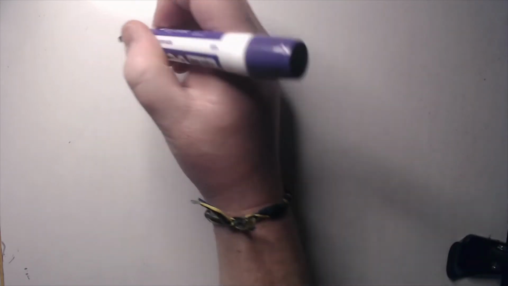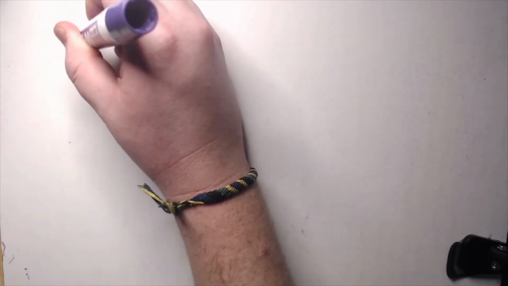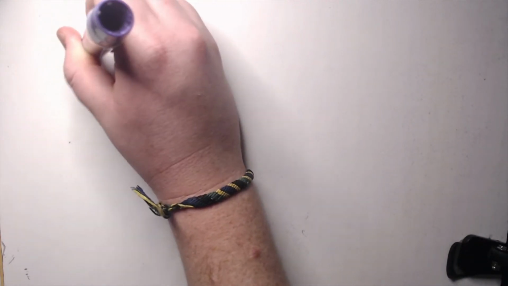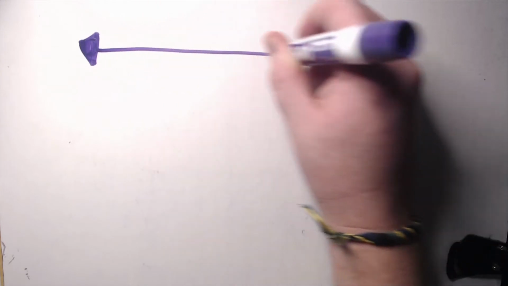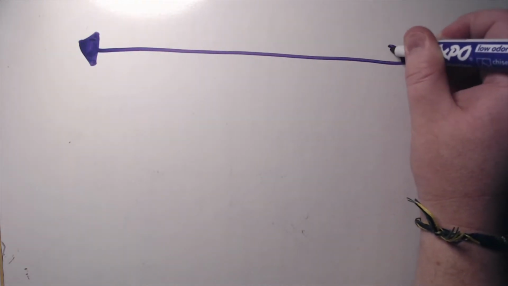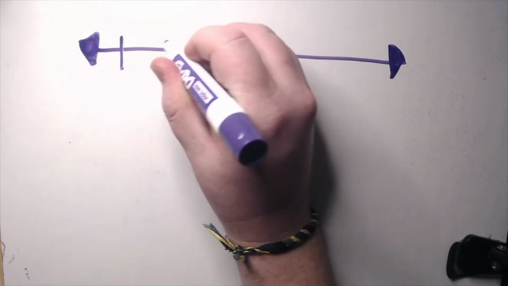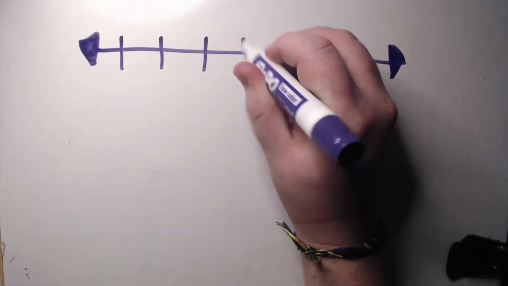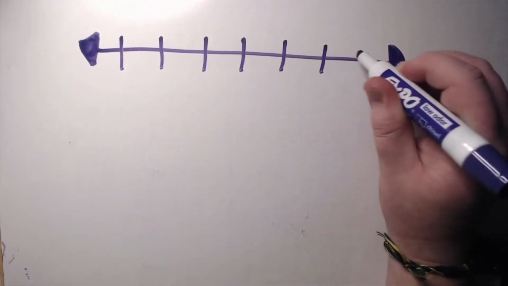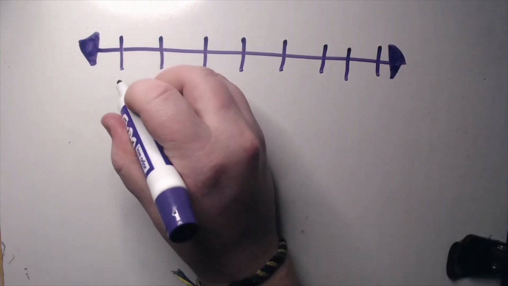So first thing I'm going to do is draw a number line that has been cut up into eighths. So let's go ahead and do 1, 2, 3, 4, 5, 6, 7, 8.